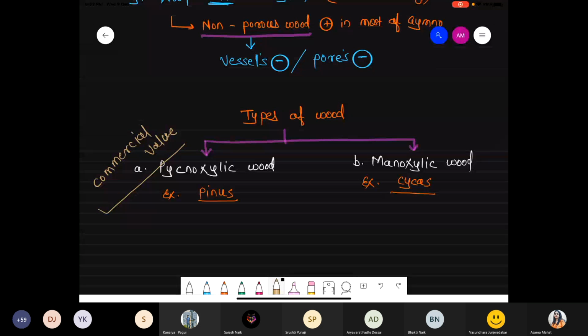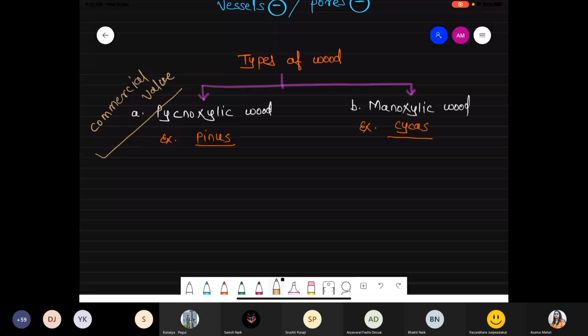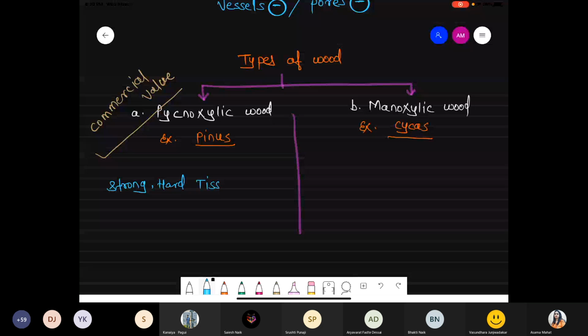It's a good one. So now we are talking about the meaning of pycnocyclic wood, which is present in Pinus. Simple meaning है, pycnocyclic wood means strong and hard tissue is present in more amount.